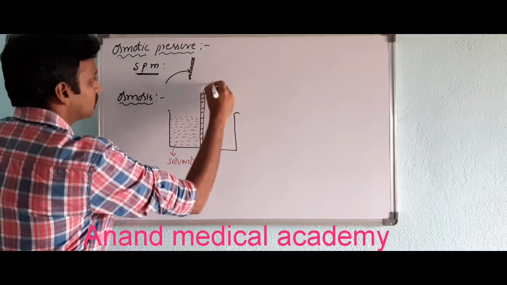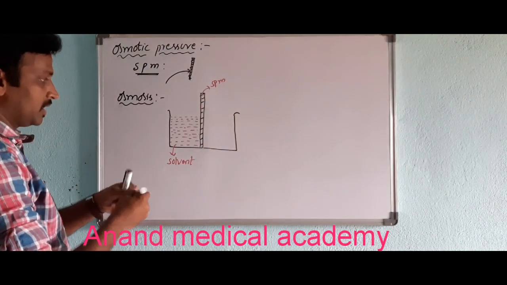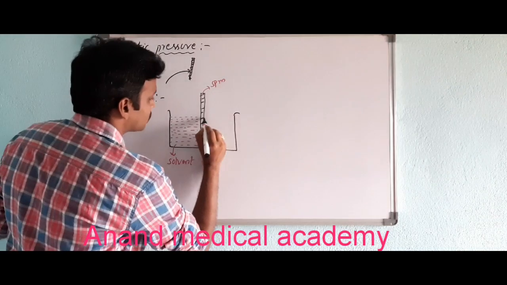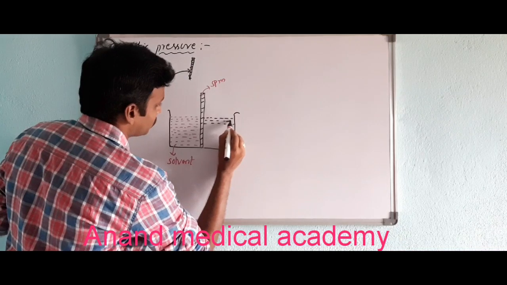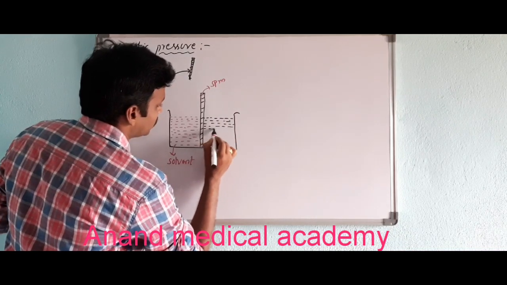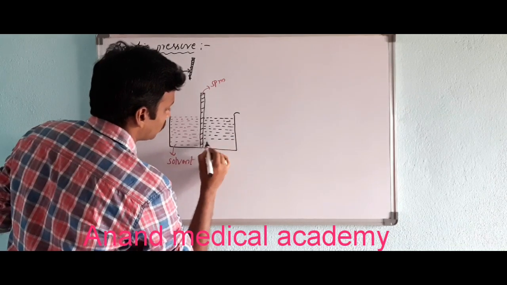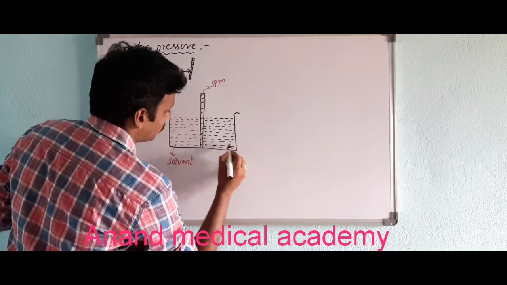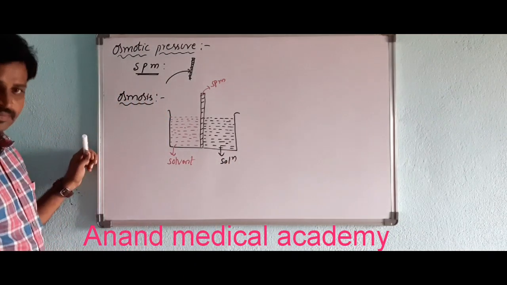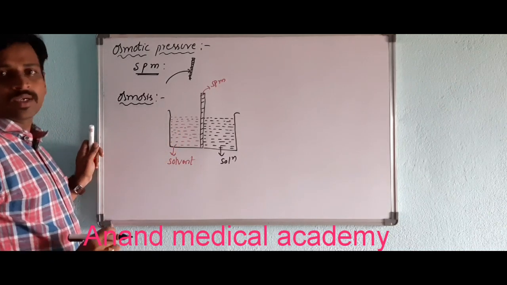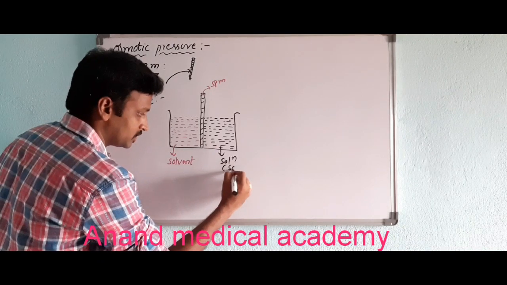SPM means semi-permeable membrane. On this right side, I am considering a particular solution. Generally, a solution consists of solute plus solvent. Here, which will be more concentrated? This is a solution, this is a solvent. This solution consists of both solute plus solvent.